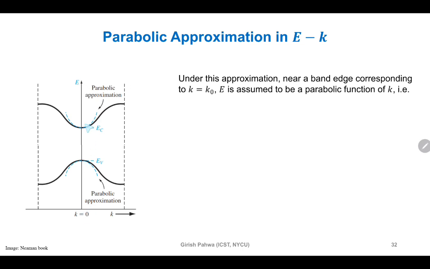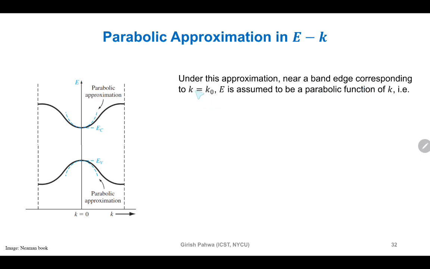In our case it is K equal to 0, but it could have been displaced somewhere here. In fact, in silicon that's the case. In silicon the valence band is here, but the conduction band will not be at K equal to 0, it will be somewhere here, at K equal to some K naught.